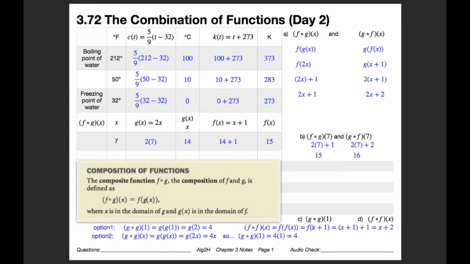We're replacing the inside f of x with x plus 1, and then taking all of x plus 1 and putting it through the f function, and we get x plus 1 plus 1. This one is what used to be the inside f of x, and this is what used to be the outside f of x. Anyway, when you simplify this, you get x plus 2, and that's the simplified version of f composed in f of x.